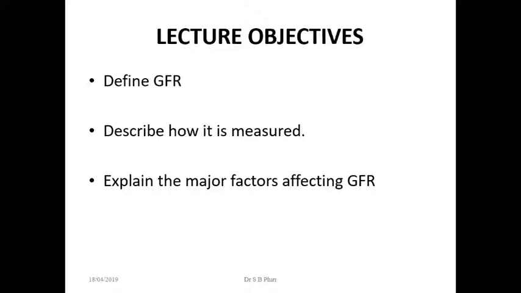Then you should also be able to explain the major factors affecting the glomerular filtration rate, those that are increasing it and those that are decreasing it. They will have an effect on the function of the kidney. So anything that will have an effect on the glomerular filtration rate will also have an effect on the function of the kidney.